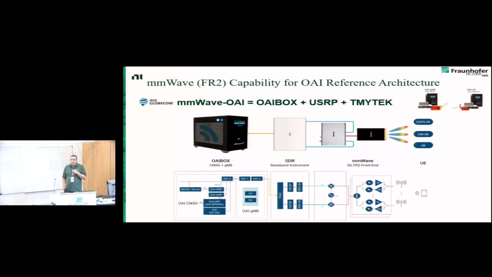Special shout out to Matthias Melhoz, Luis Pereira, and also with RWTH Aachen in Germany. And we put this together to illustrate how you can achieve FR2 capability using the OAI box solution and the USRP X410 radio and the TMY Tech front end, up converters, down converters, and beamformers. And so this provides a FR2-based OAI capability based on the USRP radios.